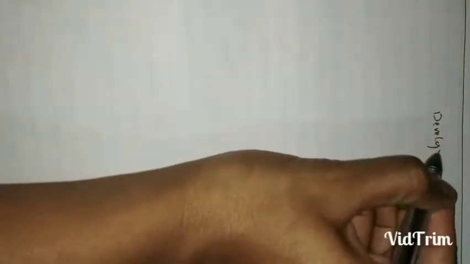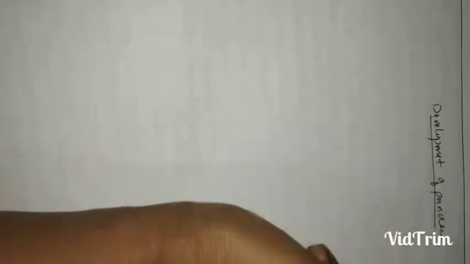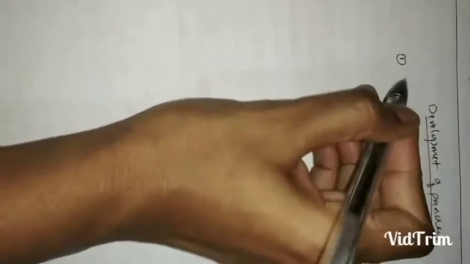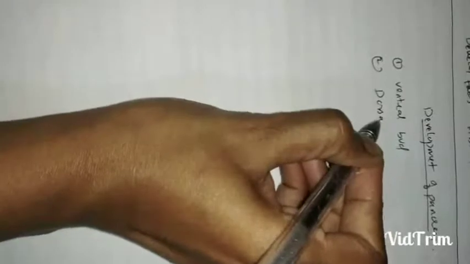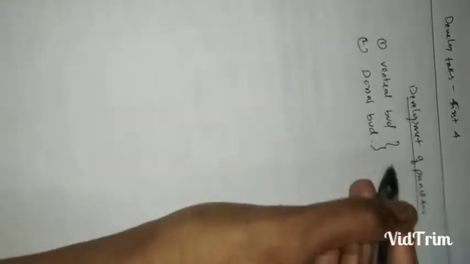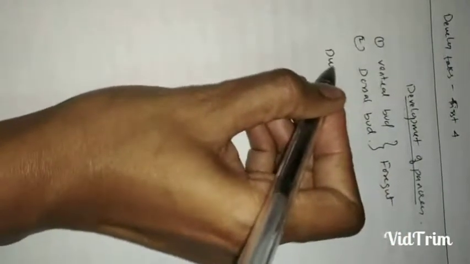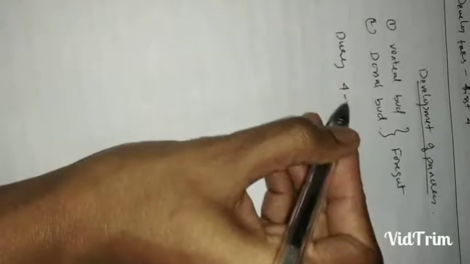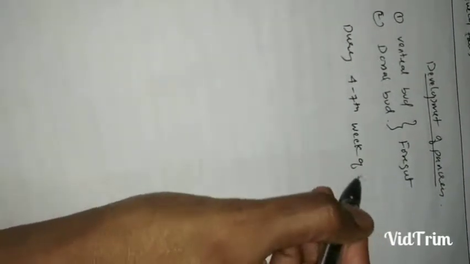In development of pancreas, first thing is pancreas develops from two buds. One is ventral bud, other is dorsal bud, and it develops from the foregut during 4 to 7 week of intrauterine life.